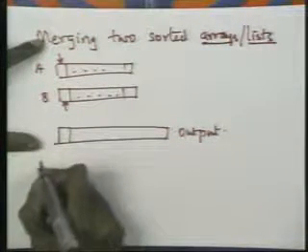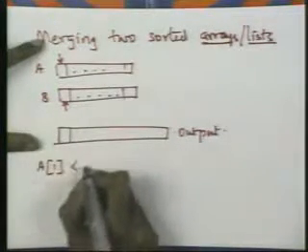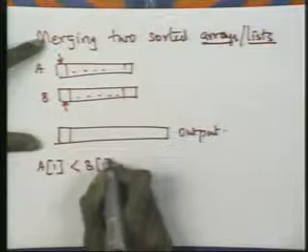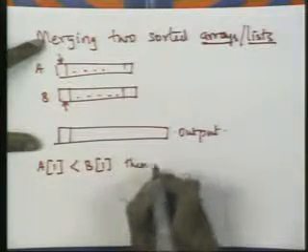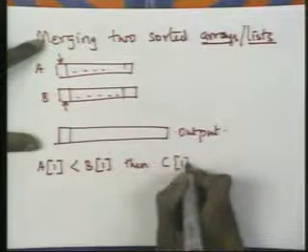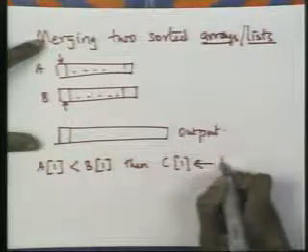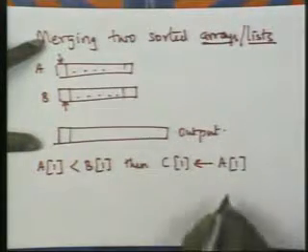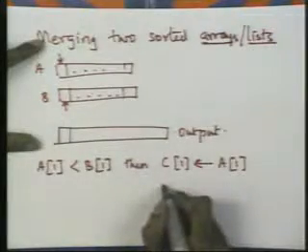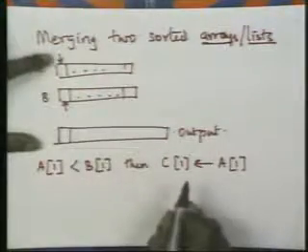Supposing A1 is smaller than B1, then C of 1 I should assign the smaller of the two, which is A1, and I should move this pointer.